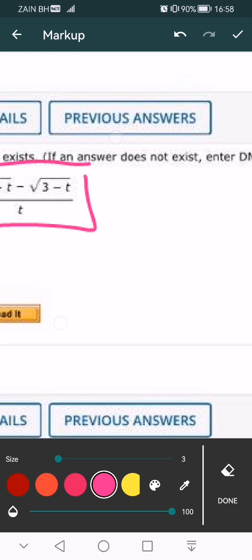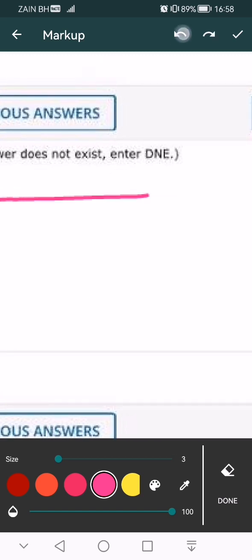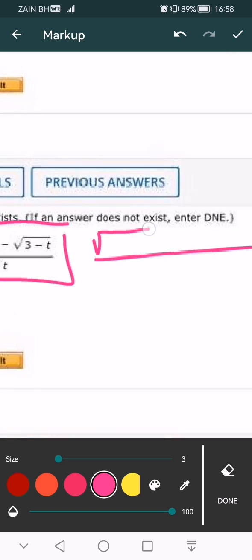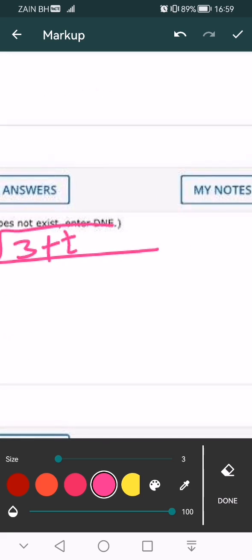As I said, you have to multiply by flipping the sign between the terms. So here I have the square root of 3 plus t minus the square root of 3 minus t.